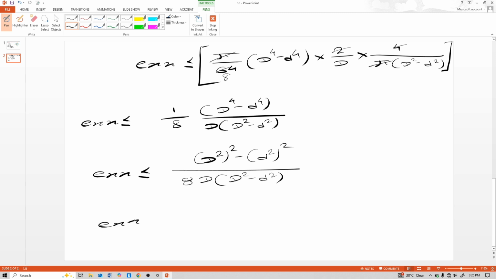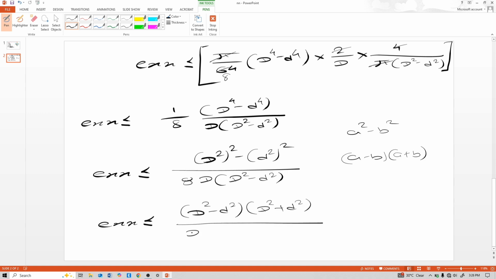So by the a square minus b square formula, a minus b into a plus b, this is D square minus small d square into D square plus small d square, divided by 8D into D square minus small d square.